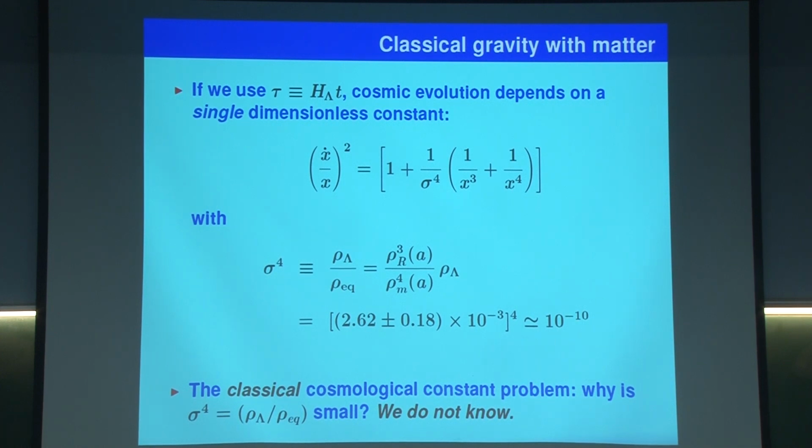So the objective statement is that this is 10 to the minus 10. Our universe is constructed with 10 to the minus 10. If I have constructed this with unity, then the cosmological constant would have started dominating the universe when the matter and radiation energies are equal. Okay? Then the kind of structures which we see would not have been there.